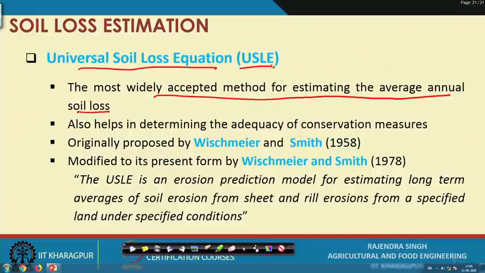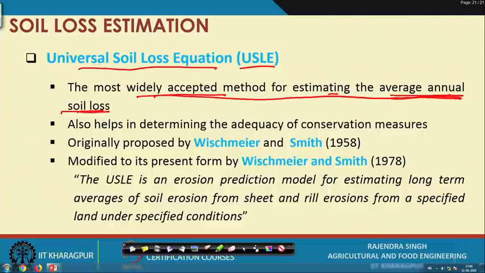USLE is a very popular component of soil and water conservation. Important thing to note here is that it is used for estimating the average annual soil loss, that is, a long term soil loss. It means that for a single event, this method cannot be used for estimating the soil loss. So, it gives us average annual soil loss.